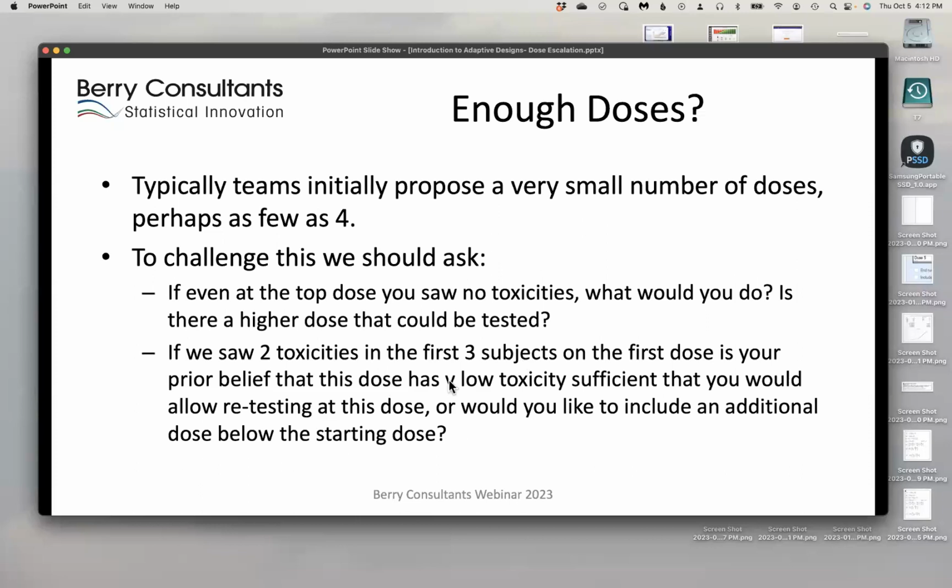So quite often they'll say, no, we prefer to step down. And actually, in practice, we can extend these initial 4 doses to 6 with a safety dose at the bottom, which we maybe don't start at. We maybe start at the second dose, and an extra top dose, in case we see very little toxicity.